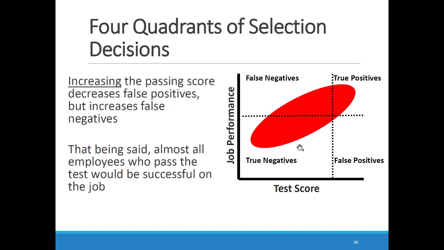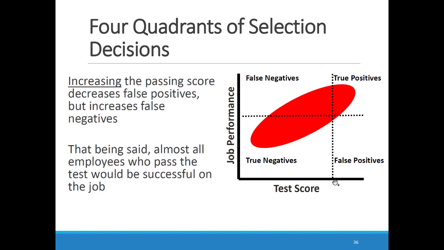Slide 36 illustrates what happens when you move the cut score. If, instead of having our test score cut off at 50, we increased it to 70, you can see that the test score line moved over to the right. What would happen to our true positives, our true negatives, our false positives, and our false negatives?